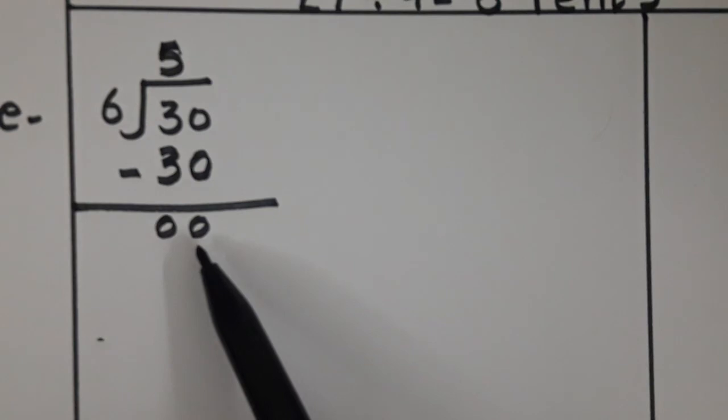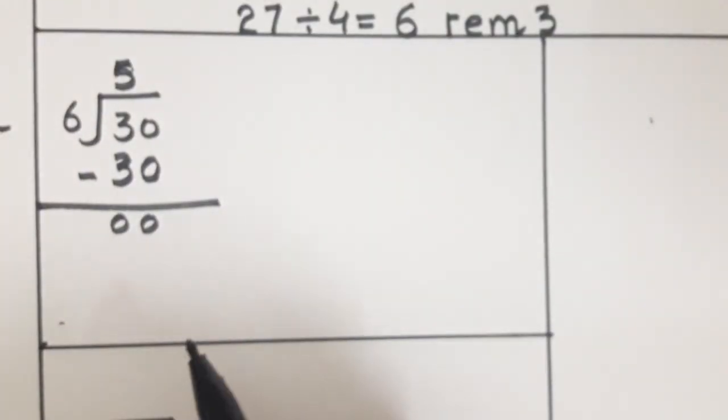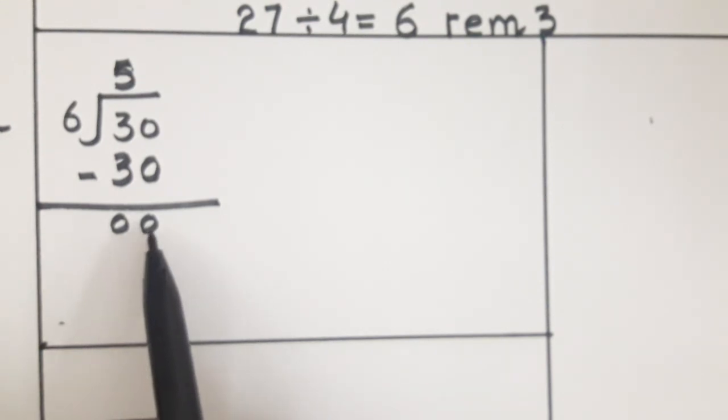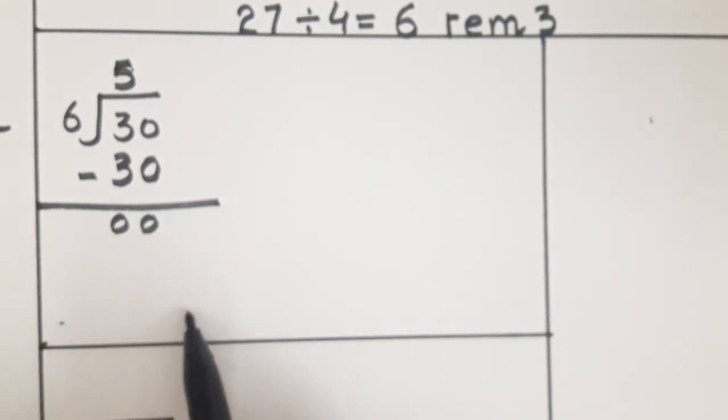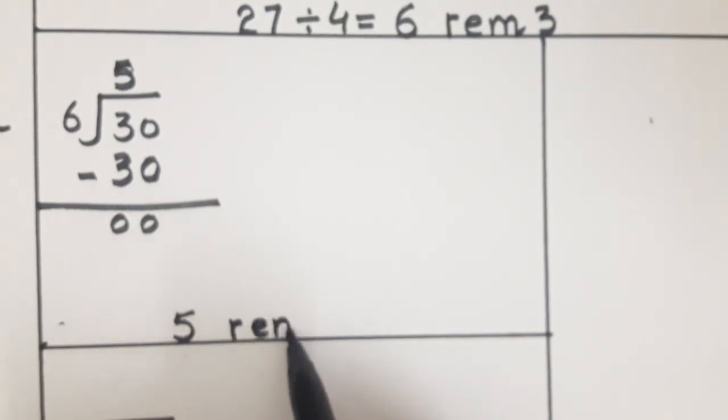So students, here the remainder is 0. So we will write 5, remainder 0. Because there is no remainder, we will write 0.